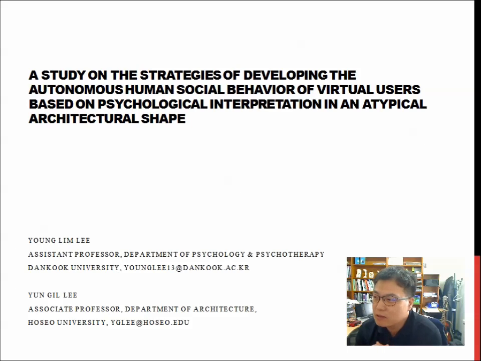Especially, we are focused on how to simulate human behavior in atypical buildings. It's not linear and not box-shaped buildings. And especially in this paper, we're going to think about social interaction and social behaviors in atypical buildings.